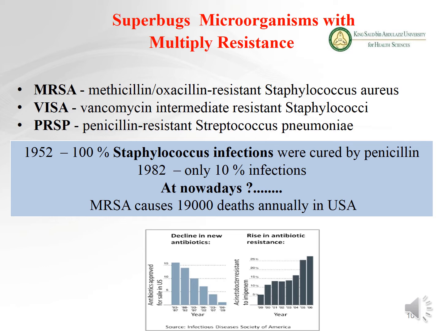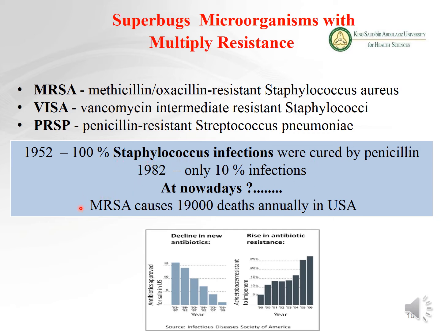That's why there is a need to properly use these antibiotics and overcome the resistance that is constantly increasing over the years. For example, Staphylococcus infections were cured 100% in 1952 by penicillin. But in 1982, only 10% of the infections could be treated by penicillin.